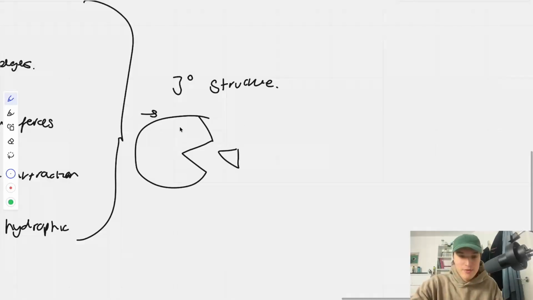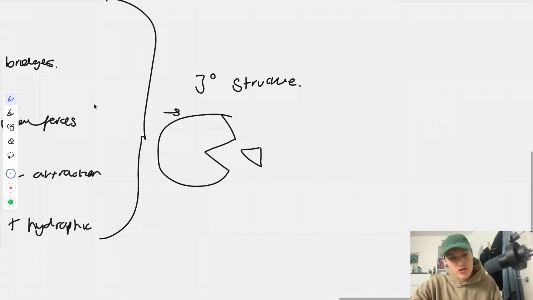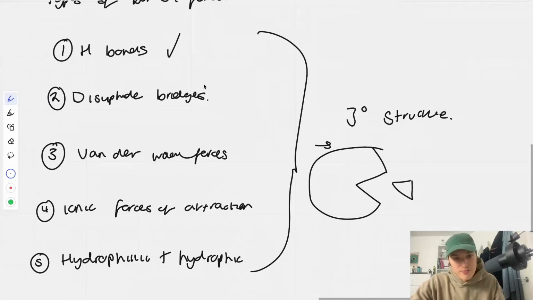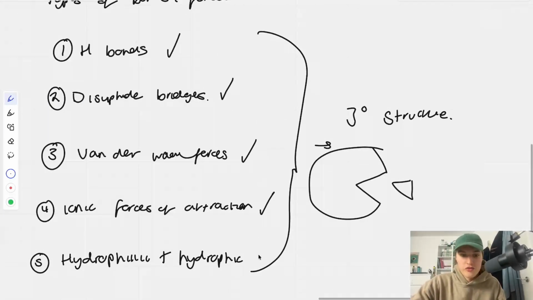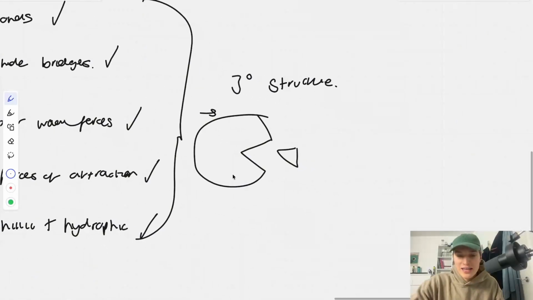This enzyme's Pac-Man shape has come from its tertiary structure, which is why the tertiary structure, the specific 3D folding, caused by H bonds, disulfide bridges, van der Waals forces, ionic forces of interaction and attraction, and hydrophobic and hydrophilic attractions, matters so much because it allows for a specific 3D folding which can catalyze the substrate.